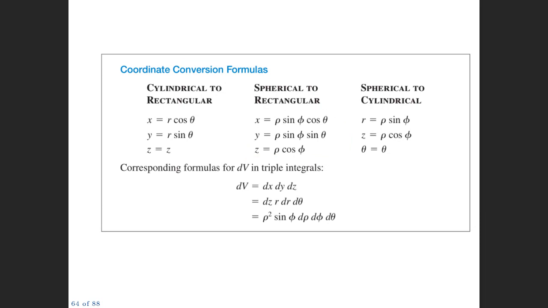But perhaps more importantly for us, because we're doing integration, dx dy dz is the same as dz r dr d theta, r in there somewhere. And this is the same as rho squared sine phi d rho d phi d theta.